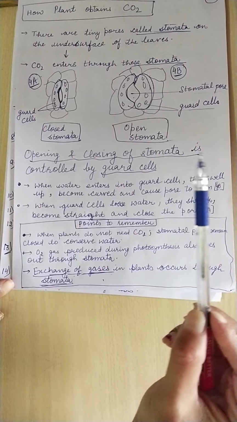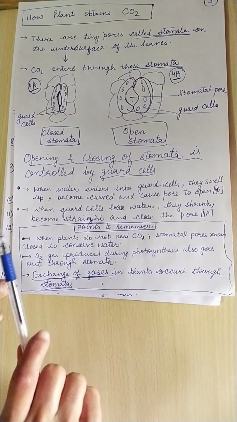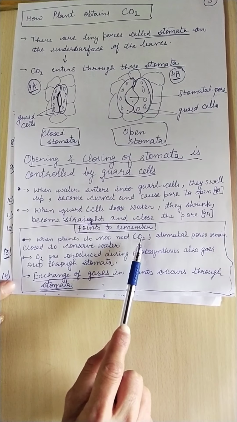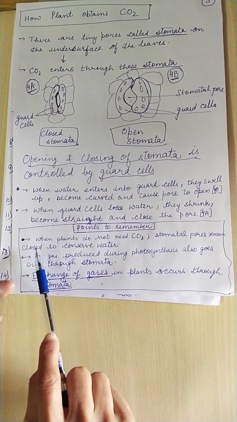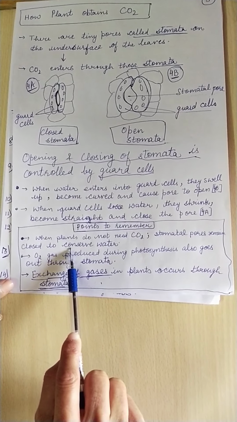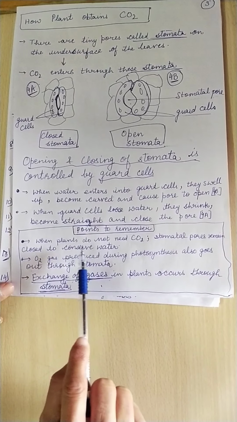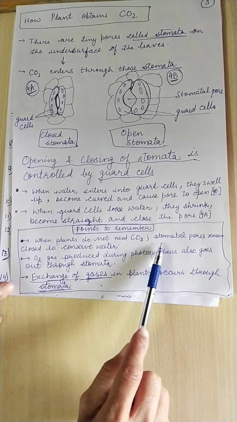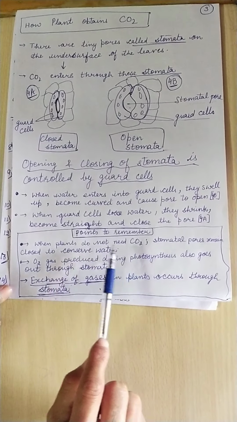So, bachche, you need to remember certain points: when plants do not need carbon dioxide, at that time stomatal pores remain closed, because we know that a lot of water gets lost from the stomata. So to conserve water, these stomatal pores remain closed when plants do not need CO2.